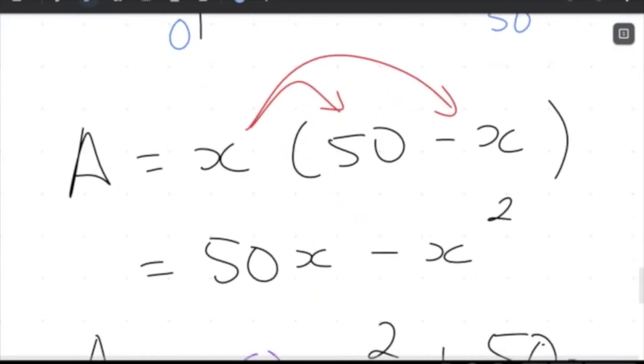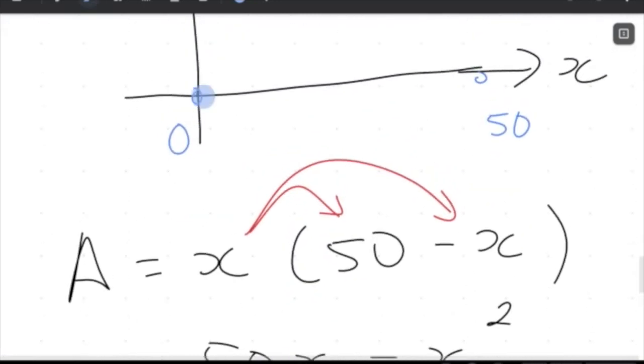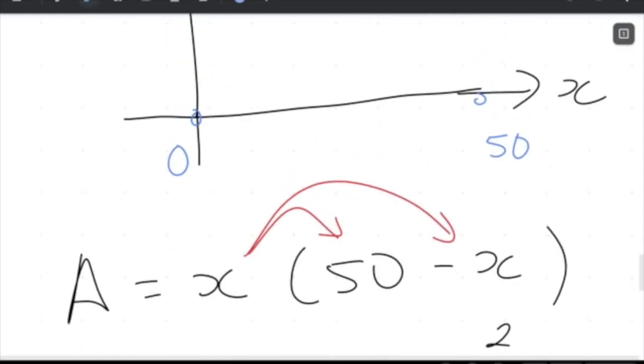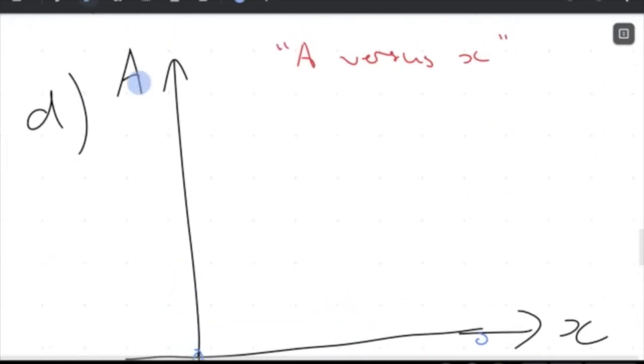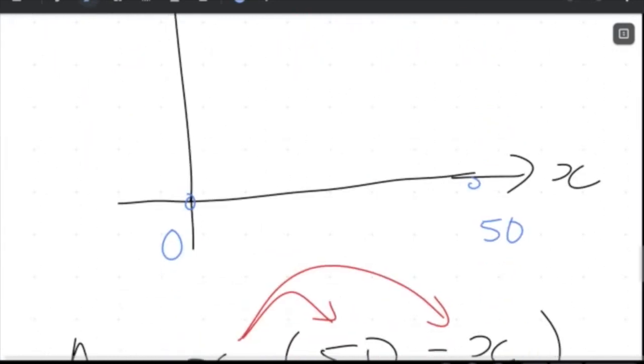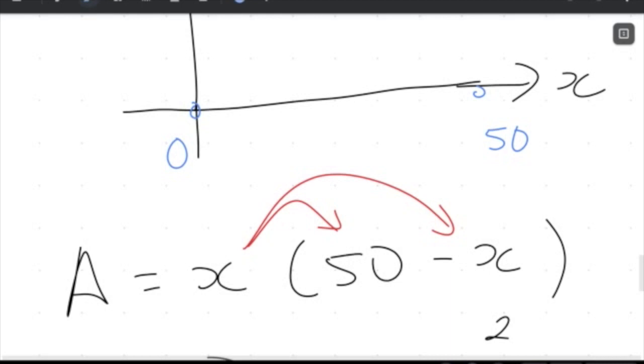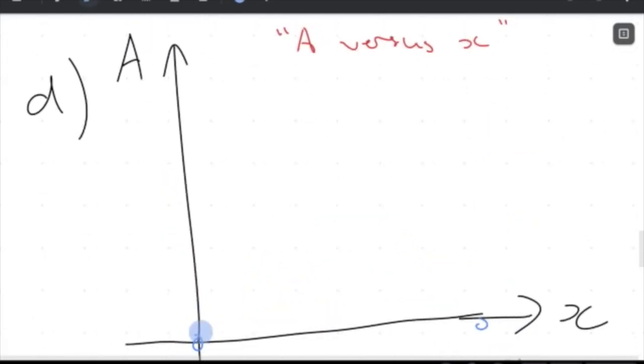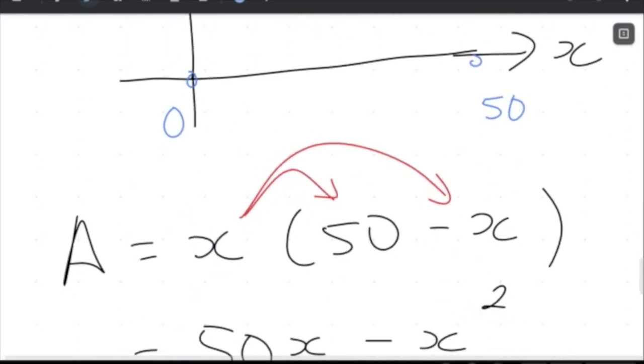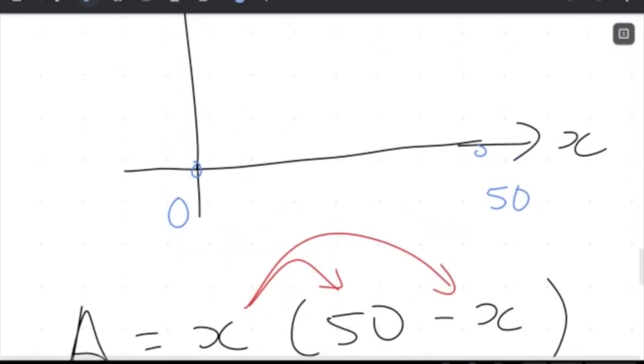And now if I want to draw this, I already have my intercepts, even though they can't be exactly these points. And I can also find my y-intercept, or my A-intercept, by substituting in 0 for the x, because I get an intercept on my y-axis or my A-axis when my x is 0. So popping this here, 0 multiplied by whatever this is going to give me 0. So there is an intercept here.